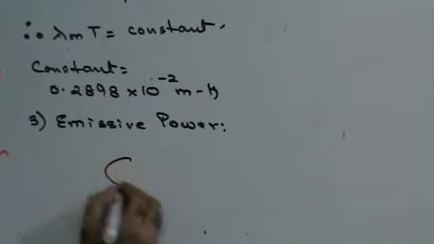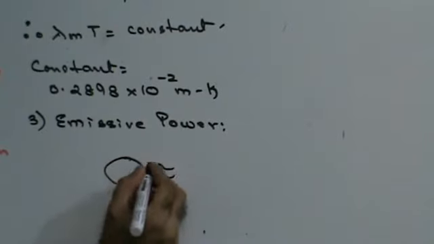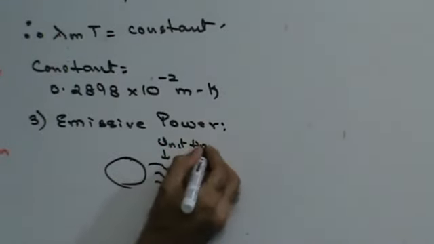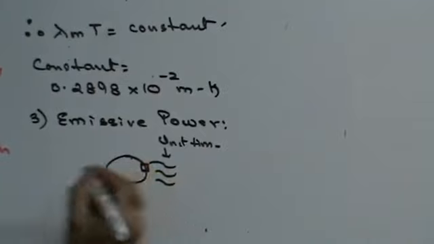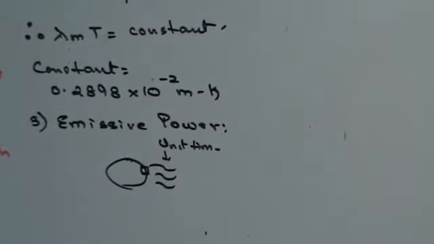If I have a body, how much radiant energy would be emitted in unit time and per unit area, that would be called the emissive power. So if I have an area of 1 unit, and in 1 second the amount of radiant heat energy that would be emitted would be called the emissive power of a body.